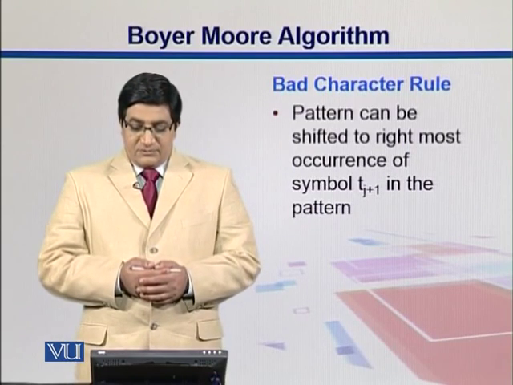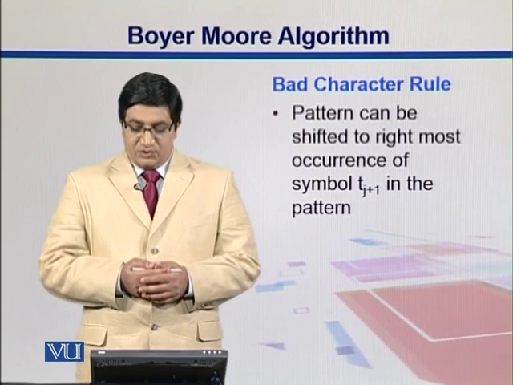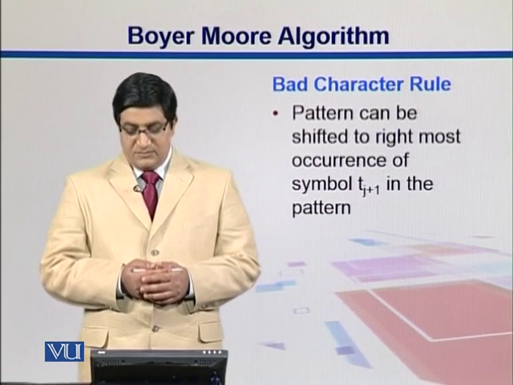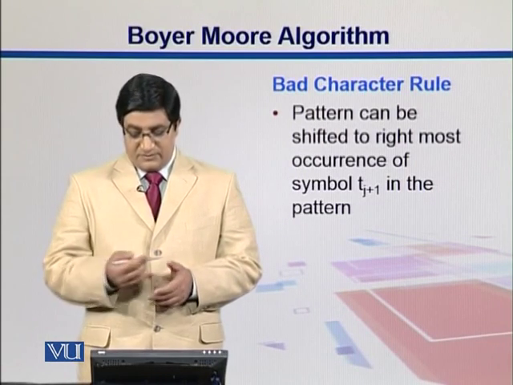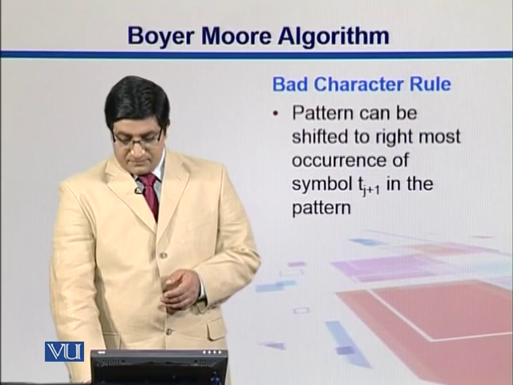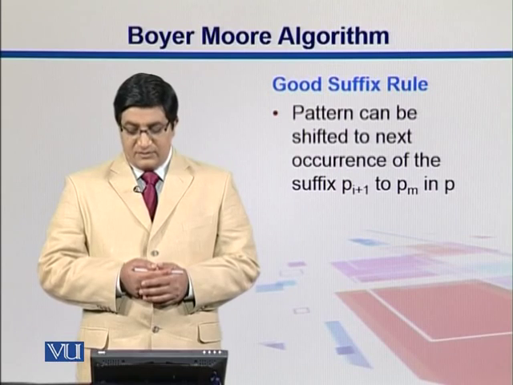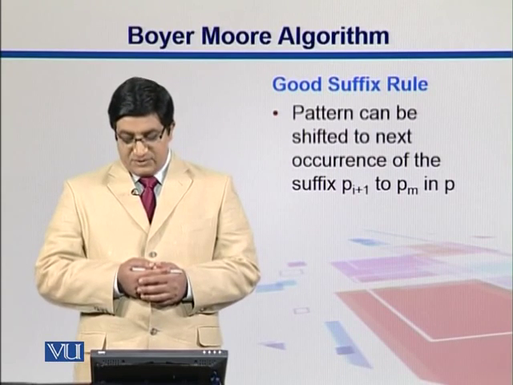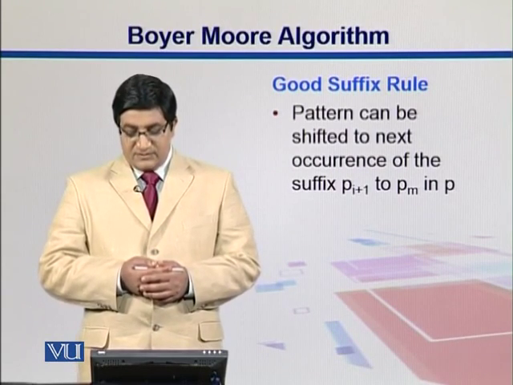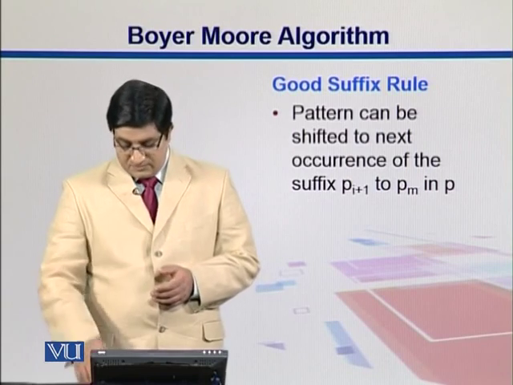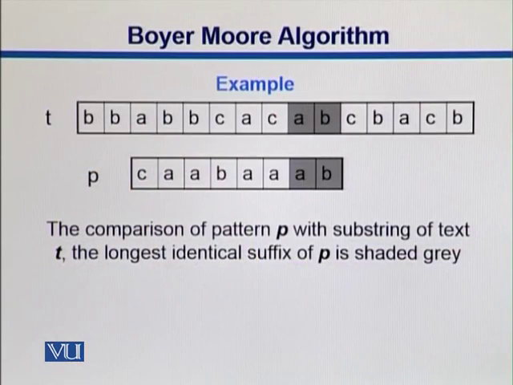In the bad character rule, the pattern can be shifted to the rightmost occurrence of the symbol Tj+1 in the pattern. And in the good suffix rule, as we have discussed, the pattern can be shifted to the next occurrence of the suffix Pi+1 to Pm in P. Let's look at it here, and then you will understand what I'm saying.